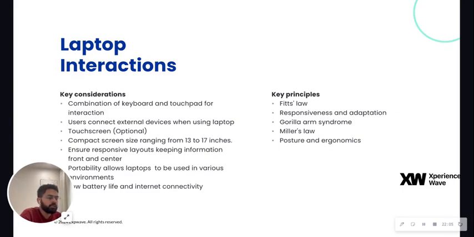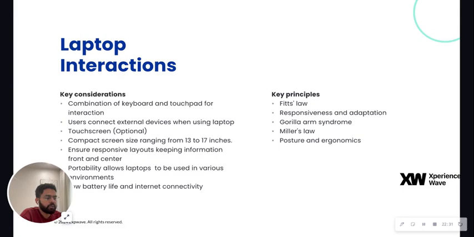There is also something called gorilla arm syndrome, a concept that refers to users' fatigue when using touchscreens on laptops for a prolonged period, because you have to extend your arm like that. So touch based interactions should not be the primary mode of interaction on laptops, as the ergonomics aren't suited for long term touch usage at all.